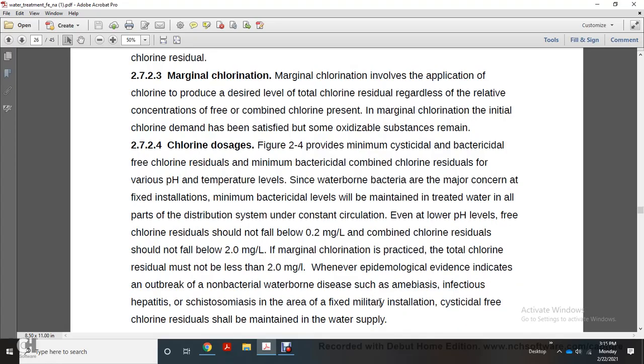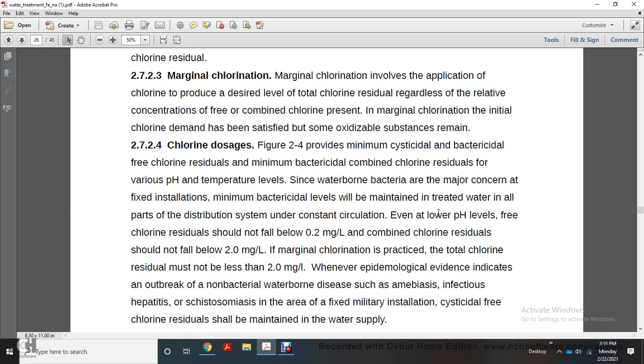Chlorine dosages. Figure 2-4 provides the minimum bactericidal free chlorine residual. The minimum bactericidal combined chlorine residual varies with pH and temperature levels. Since waterborne bacteria are a major concern at fixed installations, minimum bactericidal levels must be maintained in treated water in all parts of the distribution system under constant circulation.